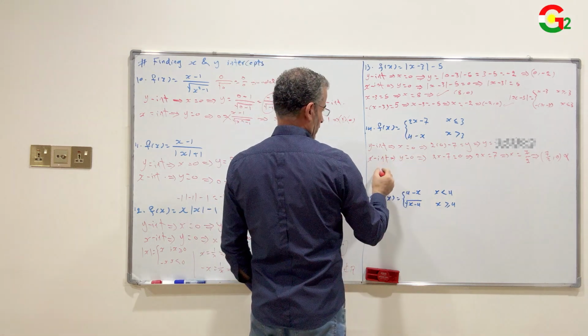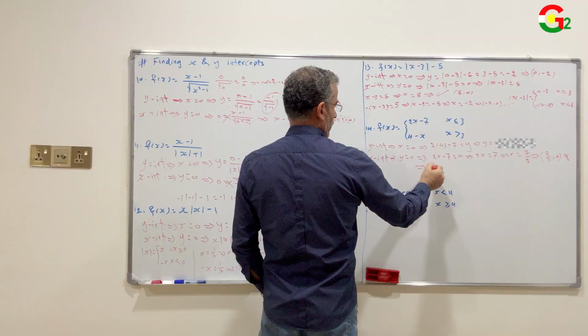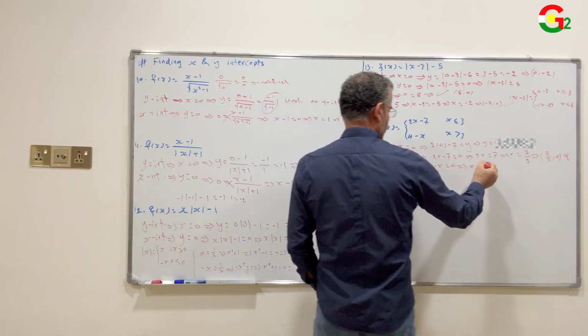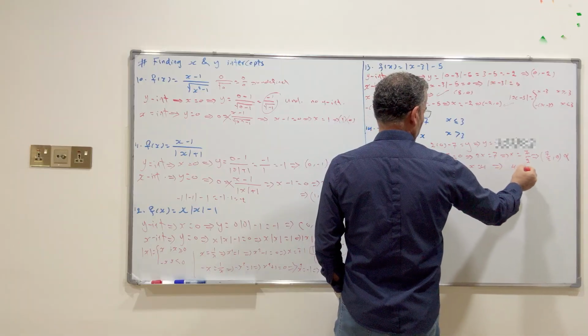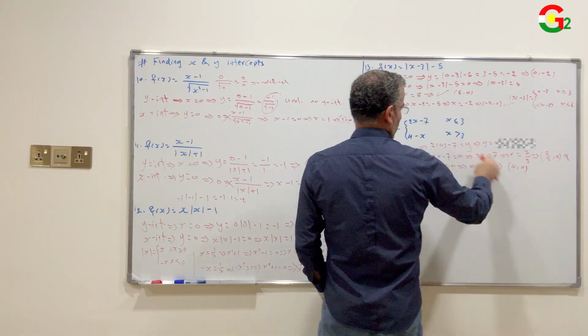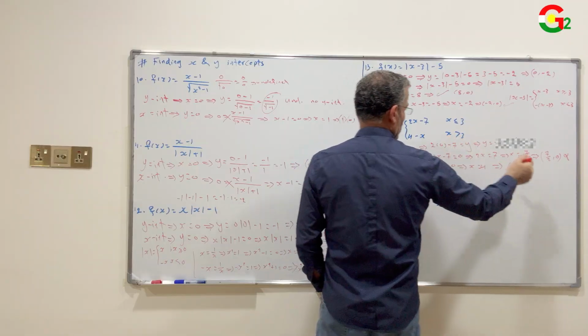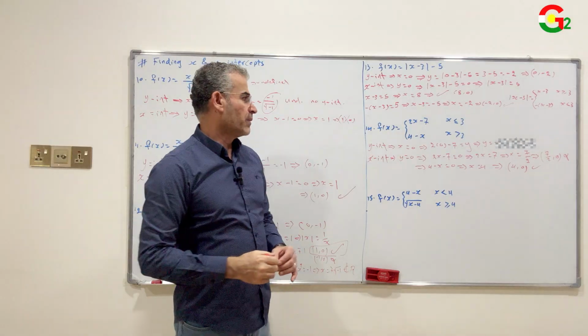For the other segment, we get 4 minus x equals 0, then x equals 4, so the possible x-intercept point is (4, 0). 4 is greater than 3, so it is the right x-intercept point.